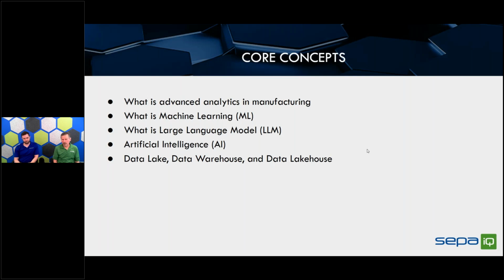And then we'll take a look at a large language model. Think of ChatGPT, things like that, Copilot. Those are large language models, and how we can capitalize on them in the manufacturing space. What do large language models do? How do they function? So they are just processing words.